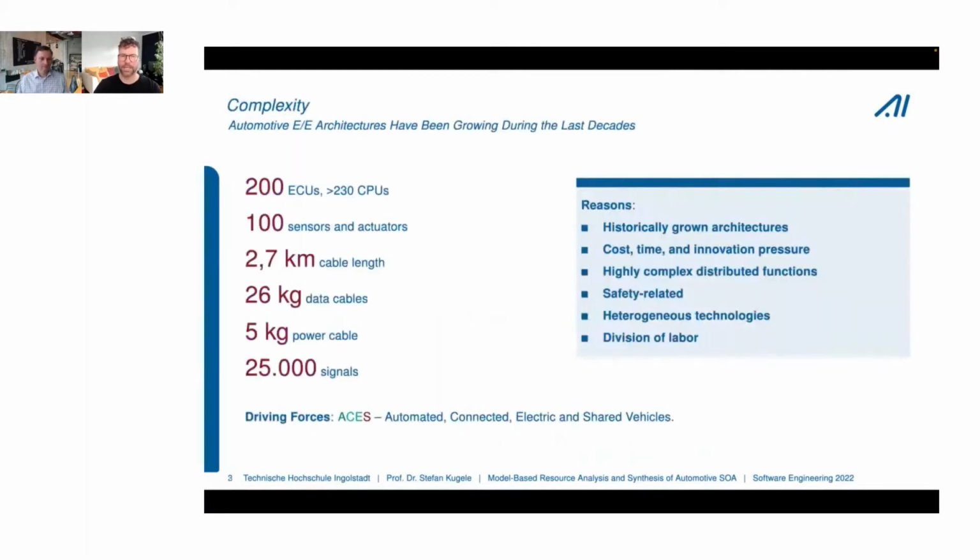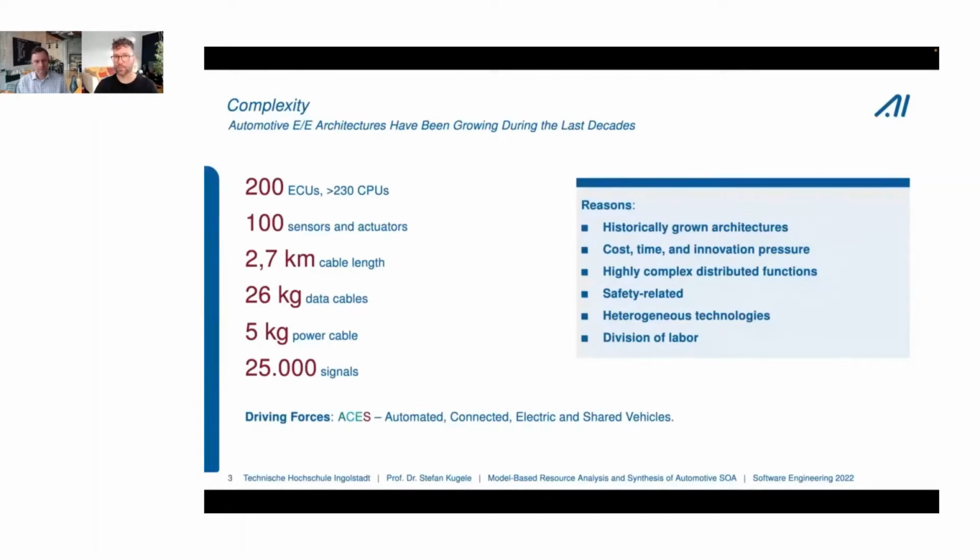As probably some of you already know, the automotive domain is really complex when we have a look into modern vehicles, depending on, of course, the options which you may buy. We have 200 ECUs, 100 sensors and actuators, many kilometers of wire harness for electric power and communication, and a lot of signals. And basically, this is also the big trouble: 25,000 signals or even more.